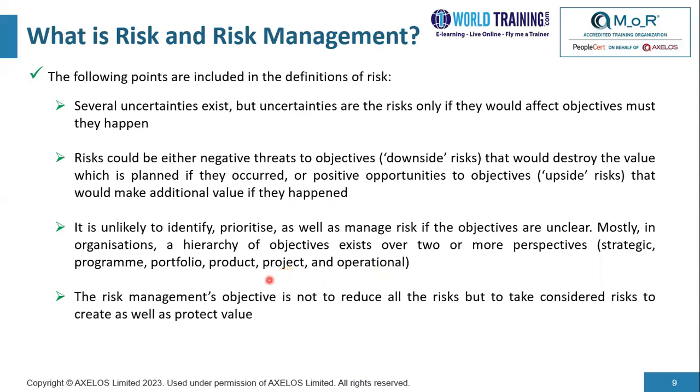So we would need to clearly articulate the objectives across these perspectives, and accordingly, it becomes easy to manage risks. Now, risk management's objective is not to reduce all the risks, but to take considered risks to create as well as to protect value. In other words, we are making eyes-open decisions. It's not about reducing all the risk, but making eyes-open decisions.